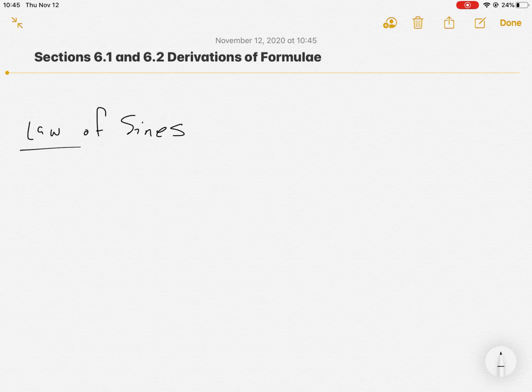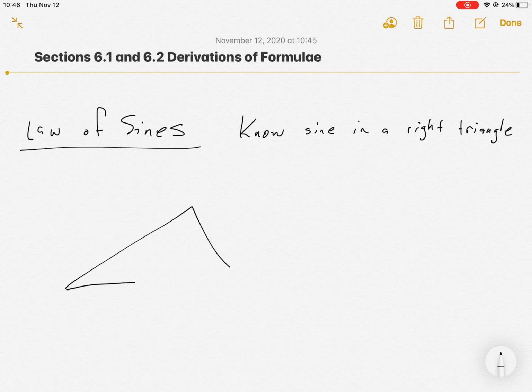What I'm going to be relying on heavily in these derivations is I know what sine does in a right triangle. So what I'm going to try to do is create essentially a right triangle in this non-right triangle.